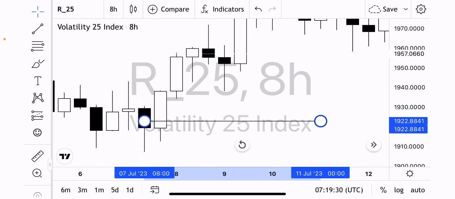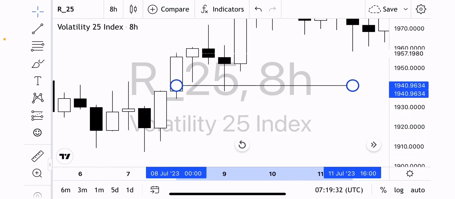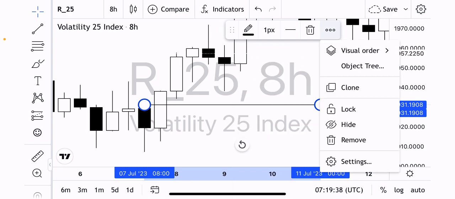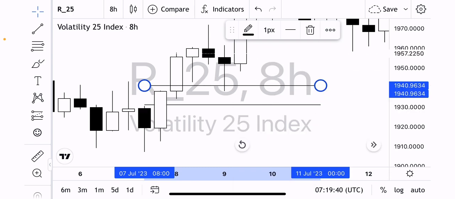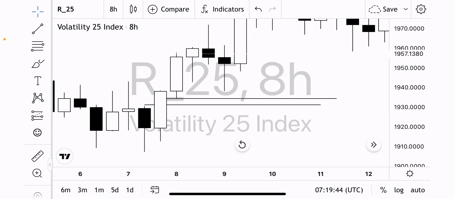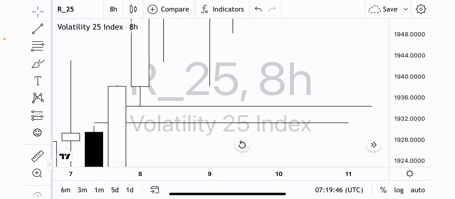So from this one, two, three, this is the end of the week of the first one, and this is the beginning of the week for the second one. You can see we had a gap. There is a space in between, and that is what we call the fair value gap. It simply means there is a gap.